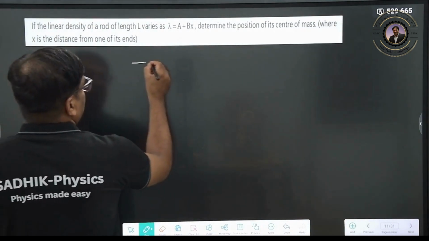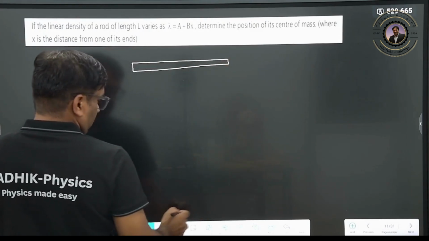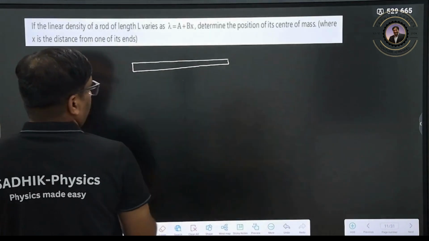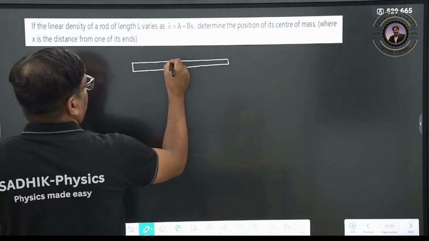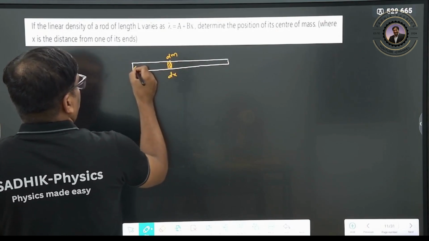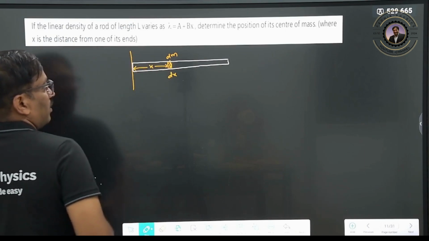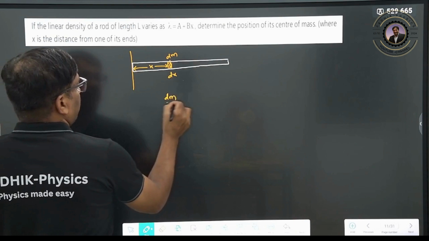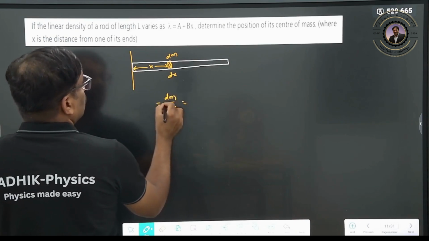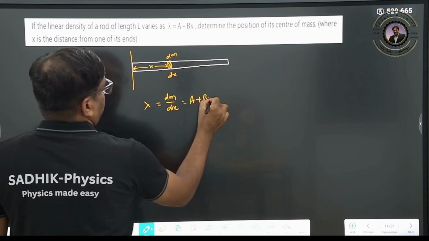So here let us take this one rod now. This is a non-uniform rod, and we are going to take a small amount dm of length dx, which is at a distance x. Total length is equal to L. Clear? So again dm by dx is equal to lambda, which is a plus bx.